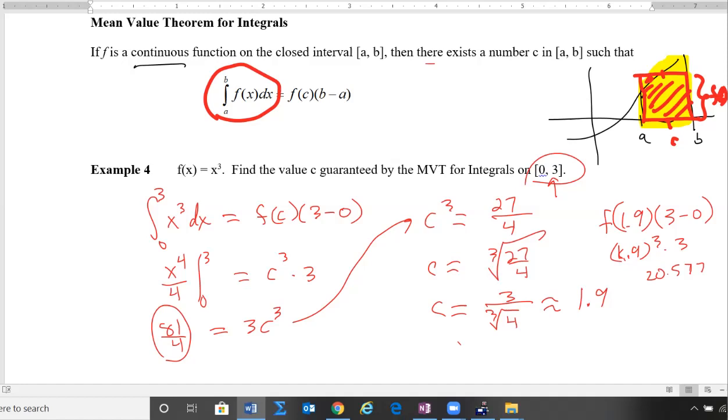And notice over here, 81 over 4 is about 20.25. Well, there's some rounding here because I rounded this number. If you had cubed that, you would have had 27 over 4 times 3, which is the 81 over 4. Okay, so anyhow, it's an interesting theorem, the mean value theorem for integrals.